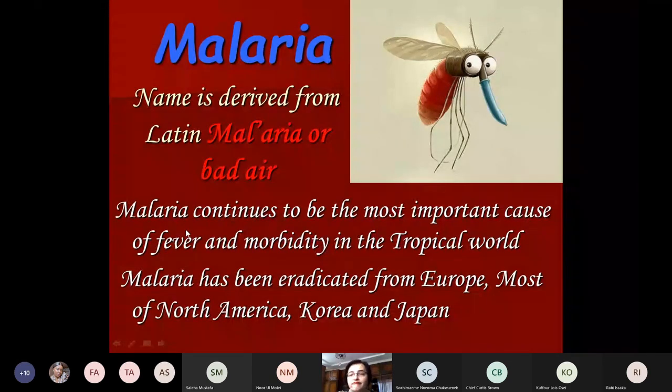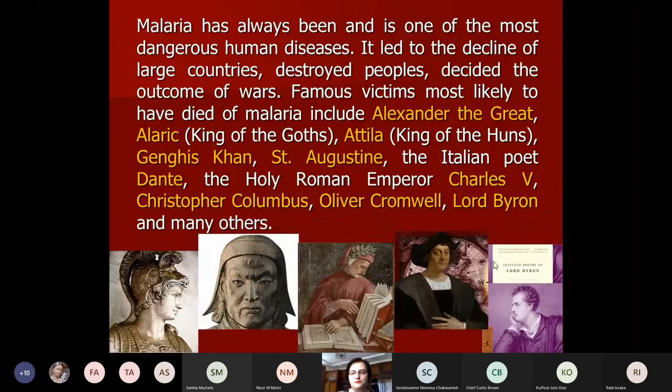And malaria at that time was, better to say was, the most frequent disease, and exactly for such a disease such a name was used. Malaria continues to be the most important cause of fever and morbidity in the tropical world. Malaria has been eradicated from Europe, most of North America, Korea, and Japan.